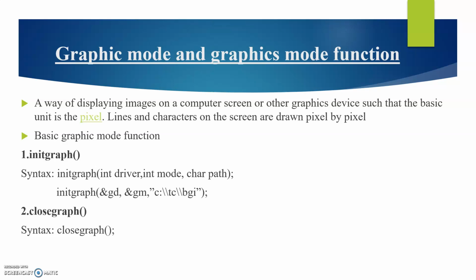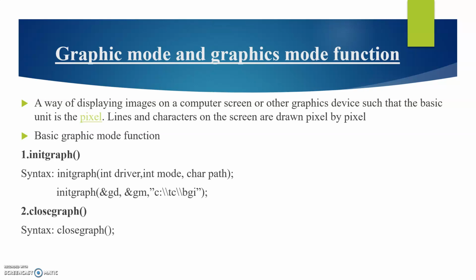Then let's study the graphics mode. Graphics mode is a computer display mode that displays an image using pixels. In graphics mode, the display screen is treated as an array of pixels. In graphics mode, we can display different effective text as well as draw different graphical figures.